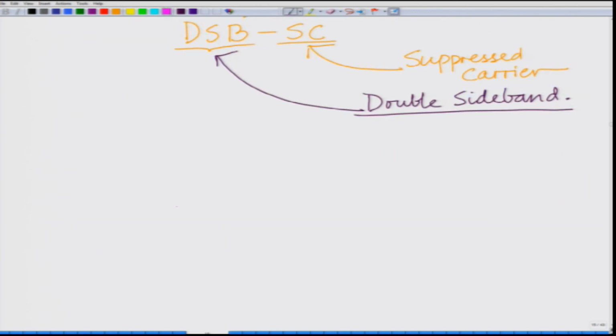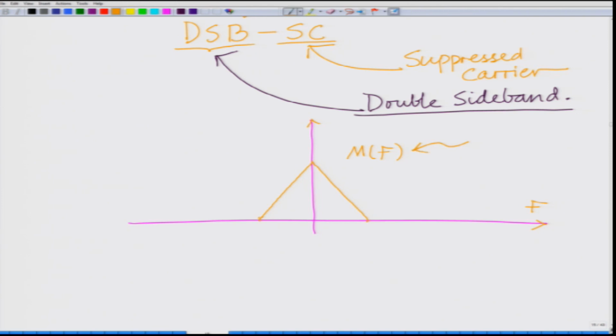Let us look at the spectrum of a DSB-SC signal. Let us start by considering a typical spectrum of the message signal m(t), correct. Typical message signal spectrum M(f), this is the frequency axis. In the frequency domain, this is the spectrum, M(f) is the spectrum of the message signal.